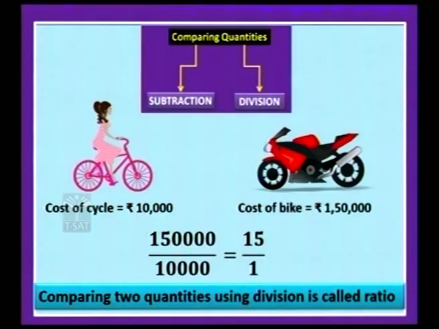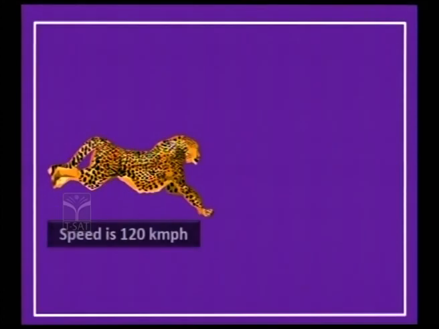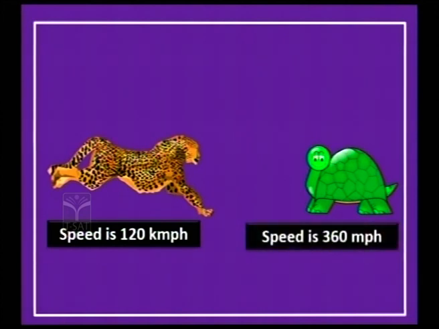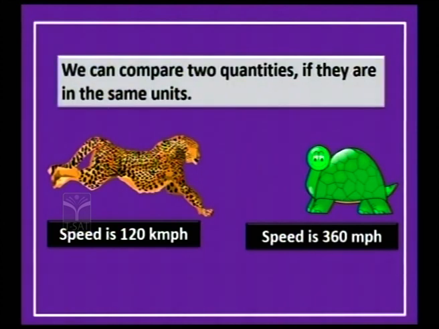Now let us see what actually a ratio is. Let us take an example of a cheetah. The speed of the cheetah is 120 kilometers per hour, whereas the tortoise's speed is 360 meters per hour. Now can we compare the quantities here? Yes, but only if they have the same units.